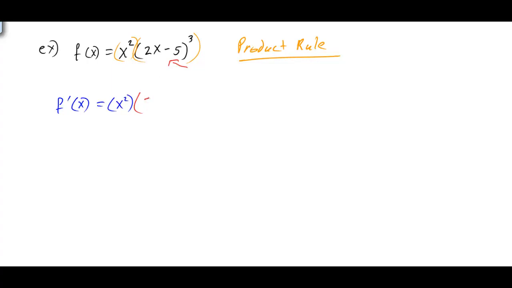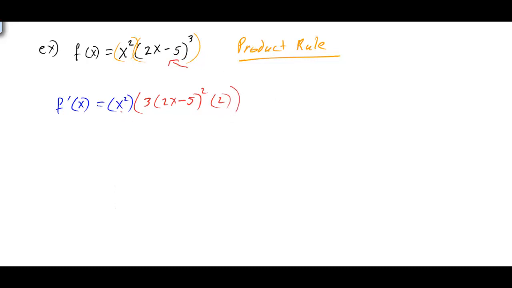So that means we would pull the 3 out front, so we'd have 3 times 2x minus 5, subtract 1, so that becomes a square. So there's the derivative of the outside function, but now we need to multiply this by the derivative of the inside function. So 2x minus 5, take the derivative of 2x, and that is simply 2. And of course, the derivative of the constant 5 is 0, so that disappears.